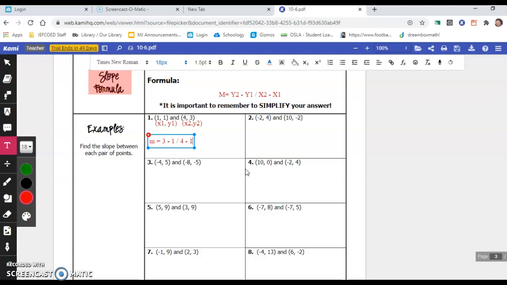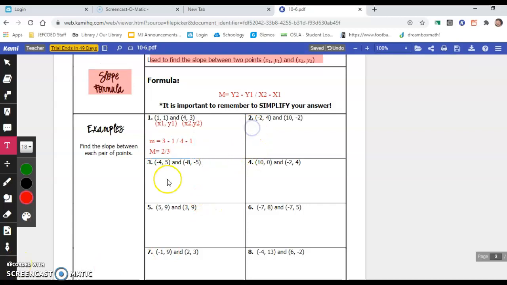And then you simply just solve those, okay? So m is going to equal 3 minus 1, you guys know, is 2. And then you have your 4 minus 1, which you guys know as 3. And so my slope for this one is 2 over 3, which means it would be rise 2 and run 3. Okay, y'all good there?